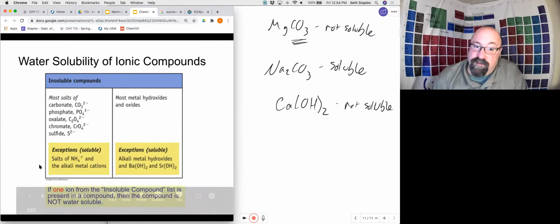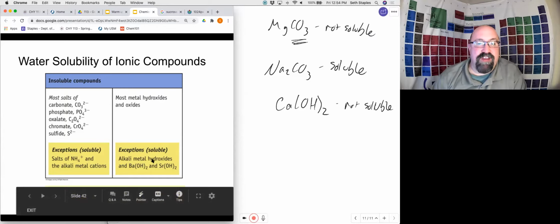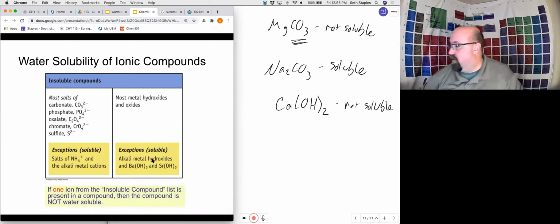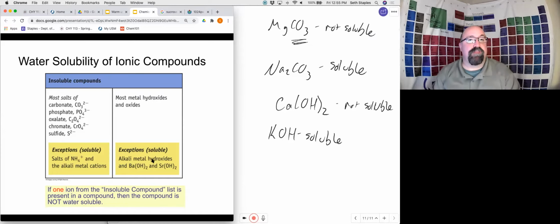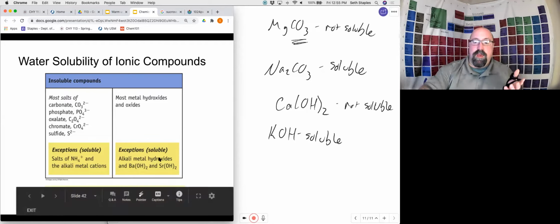There are, again, some exceptions. The alkali metal hydroxides. So if your metal is any of those, and so something like KOH, that is soluble. Barium hydroxide and strontium hydroxide, they are soluble. And so that's the basics of how we use our solubility rules.